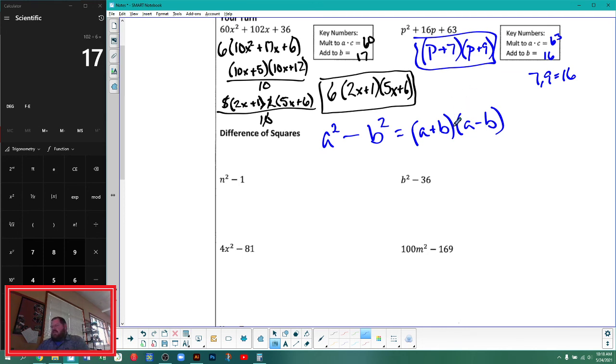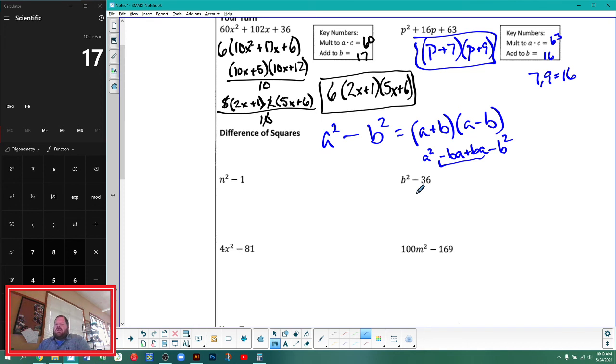And really what this comes down to is somebody realized that as they had something that looked like this and they FOILed, they'd get a squared minus b times a plus b times a minus b times b, or b squared. And that these two things always canceled out in the middle.